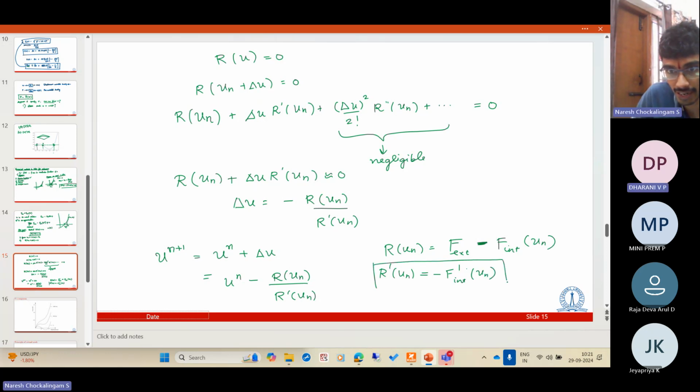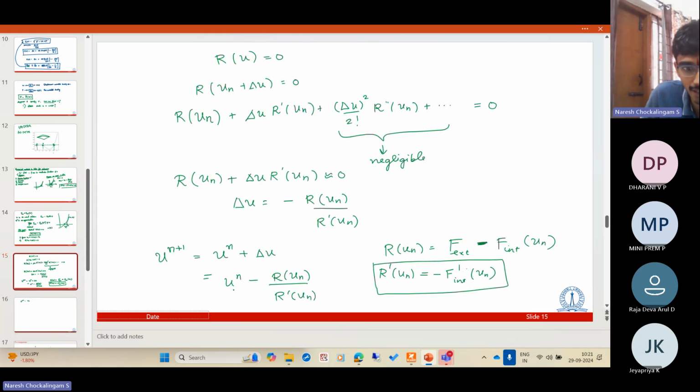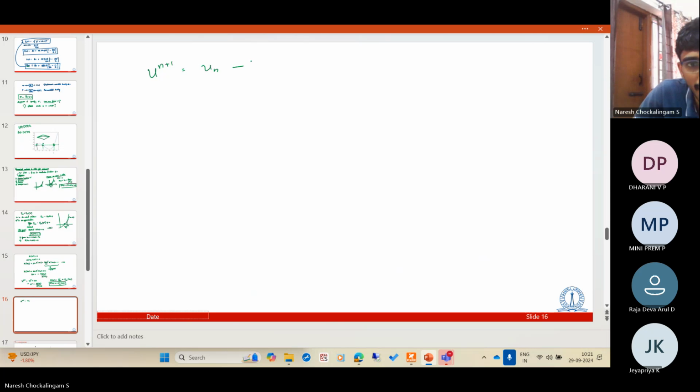So this is fine. So finally, what do we get? You say un plus 1 is equal to un. So that's a minus here, and in the denominator, you get another minus. So it is plus the residual at un divided by f internal dash of un.